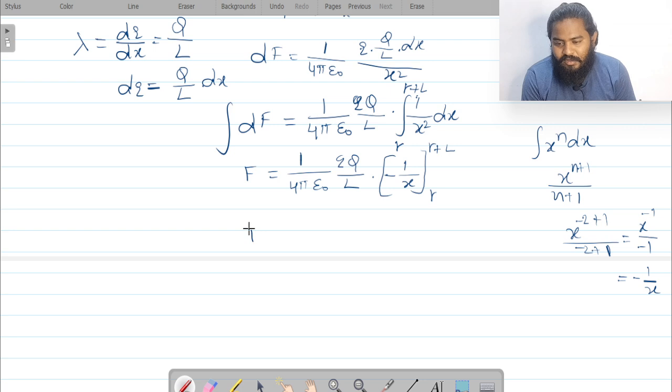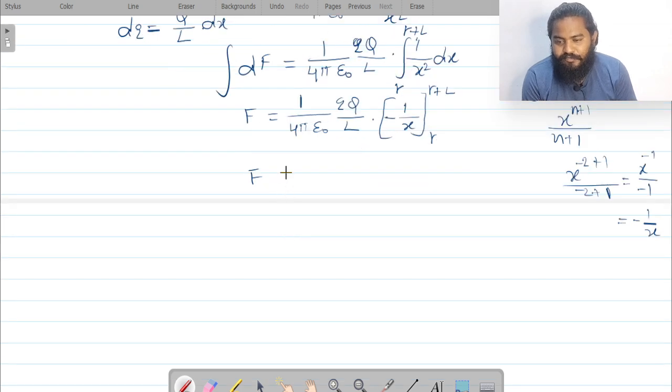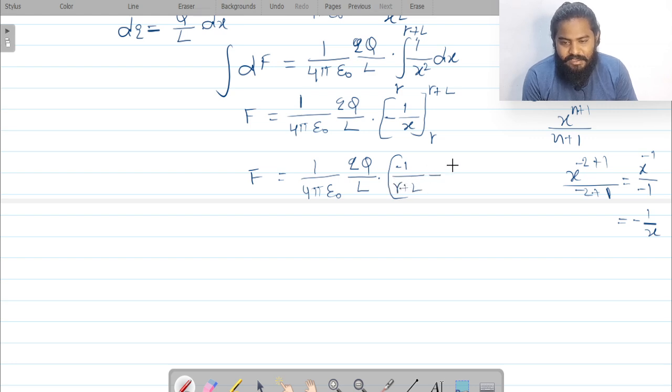So the force F is equal to 1 by 4 pi epsilon naught small q capital Q by L, and first I substitute the upper limit, minus 1 by R plus L, minus, 1 by R. So now what happened?